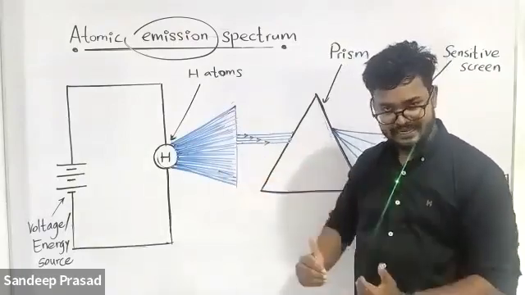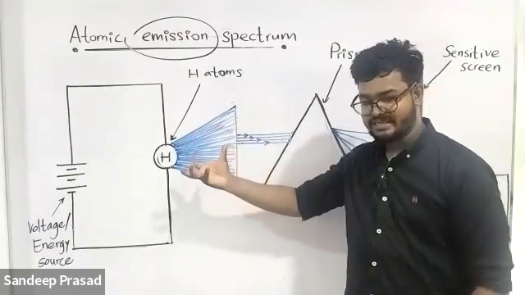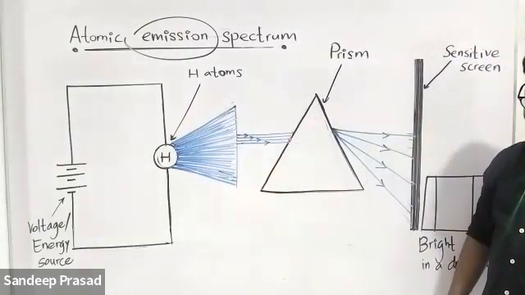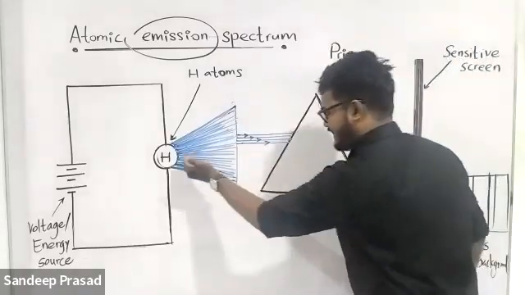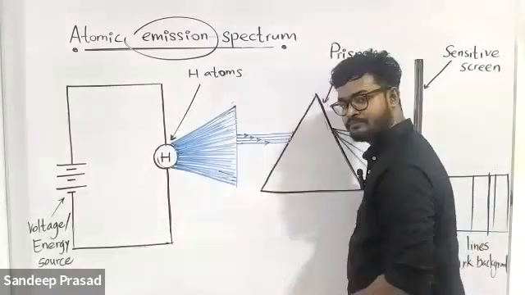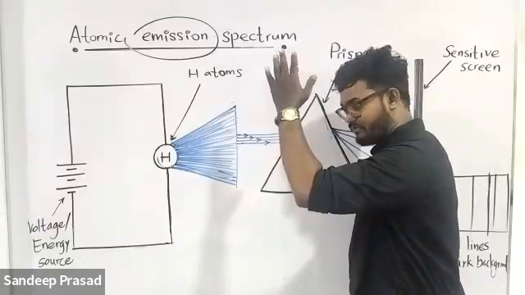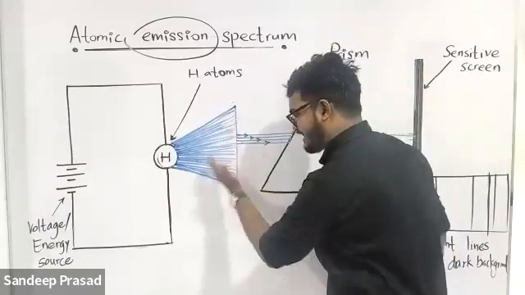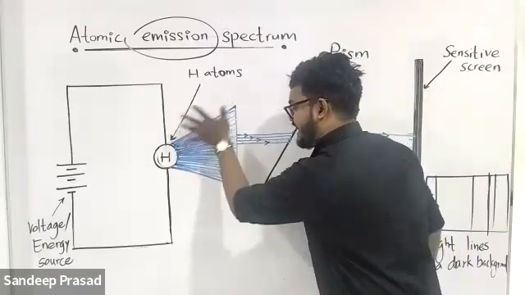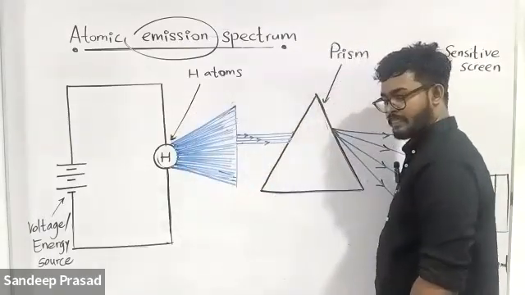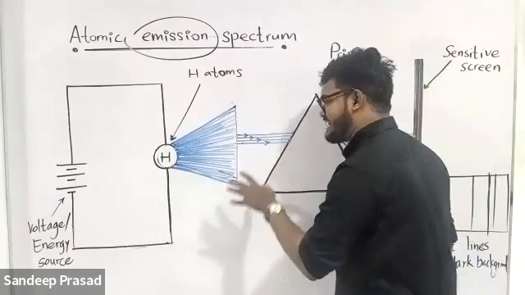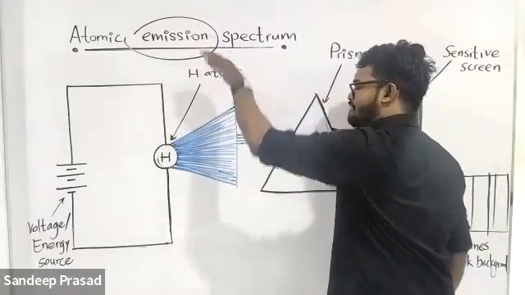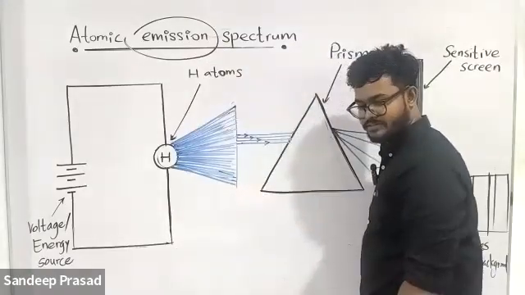That energy is collected and analyzed. So these are emission radiations, the emitted radiations. Earlier we analyzed absorbed radiations. Here we are analyzing the emitted radiations from the hydrogen. Hydrogen emits radiations when the hydrogen atom comes back to the lower energy levels.